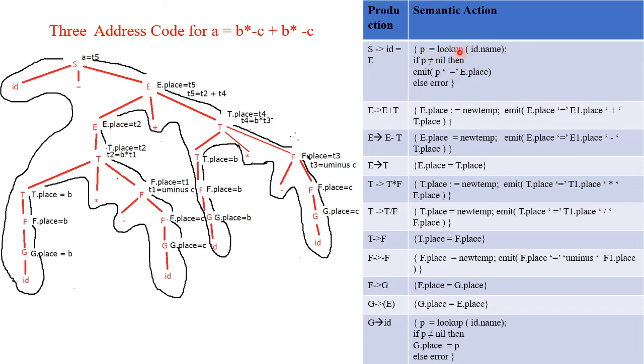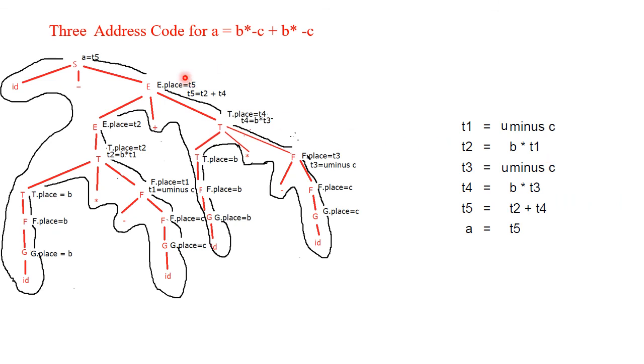After checking the symbol table, P here is A equal to E.place, and E.place is T5. So A equal to T5. By traversing this parse tree and performing syntax directed translation, we got this three address code corresponding to this assignment statement.